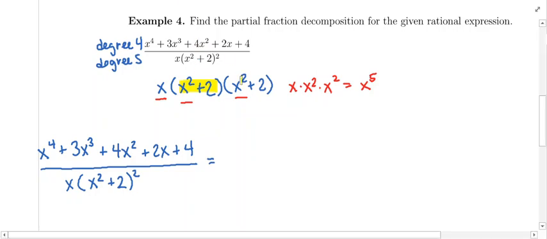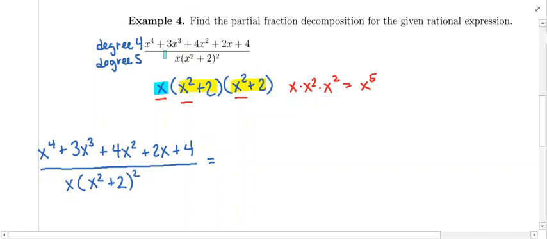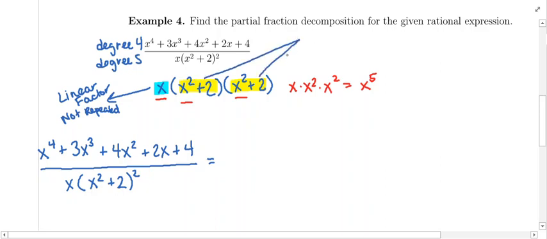You have the x squared plus 2, which is repeated because you see it twice in the factorization, and then you have this x. When you look at the x, this is a linear factor, and it's not repeated. It's x to the first power. You only see it once in the factorization. On the other hand, this x squared plus 2 is repeated and it's quadratic.